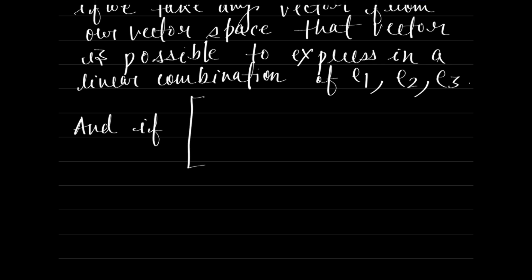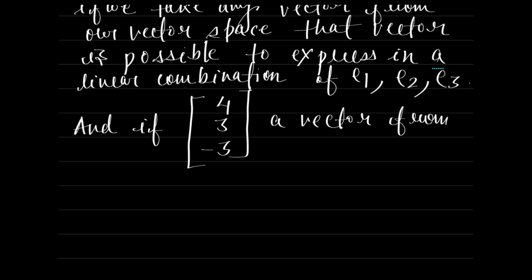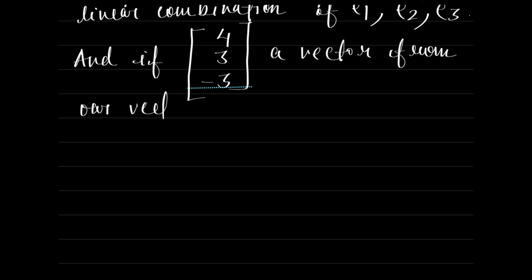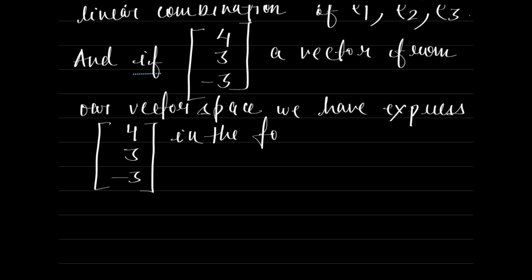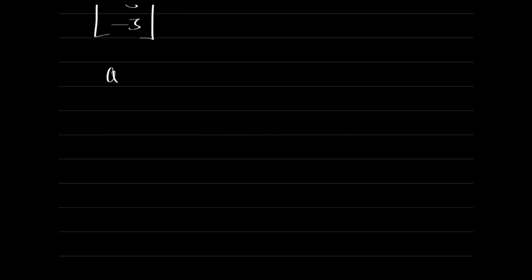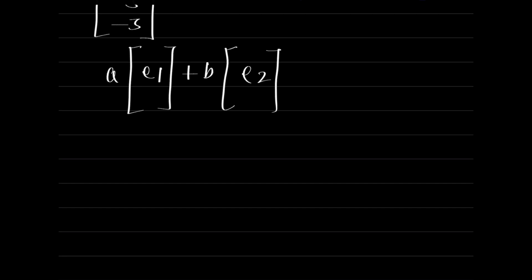If the vector (4, 3, -3) is a vector from our vector space, we have to express (4, 3, -3) in the form of A E1 plus B E2 plus C E3.